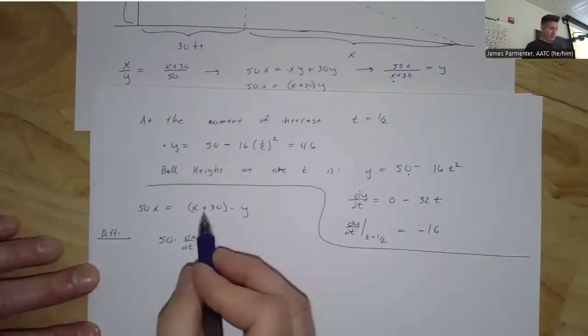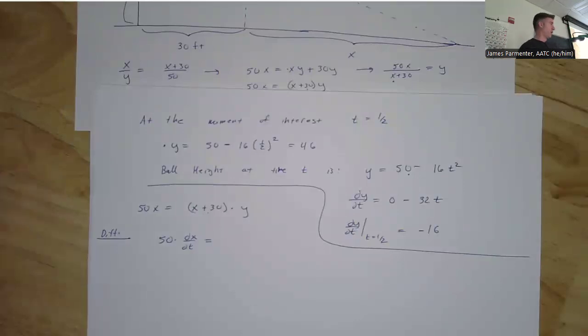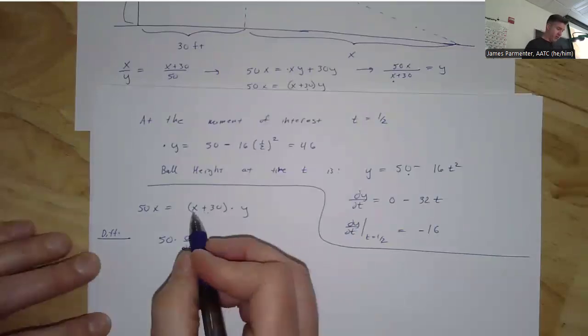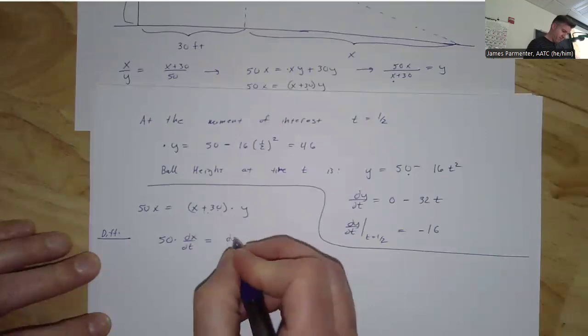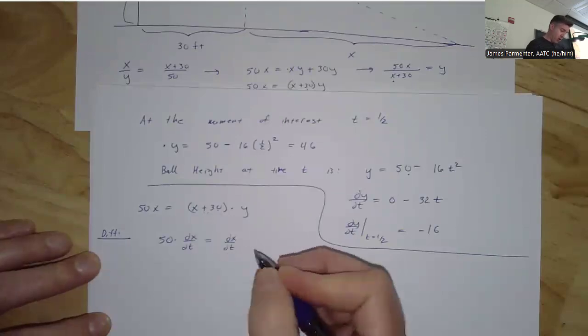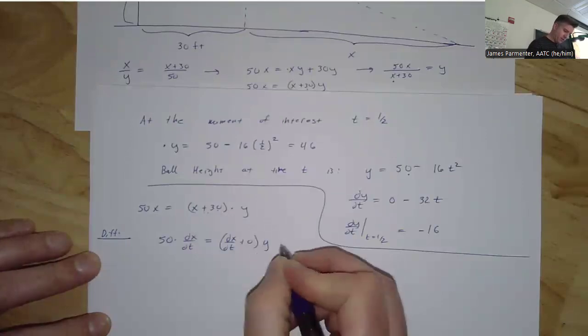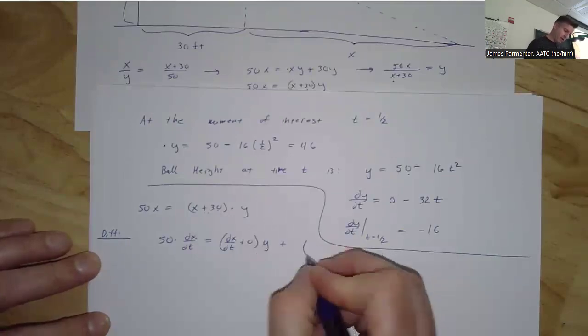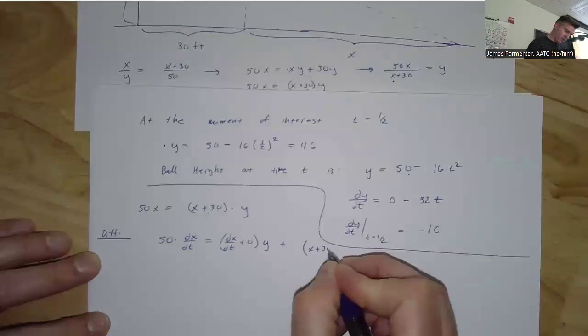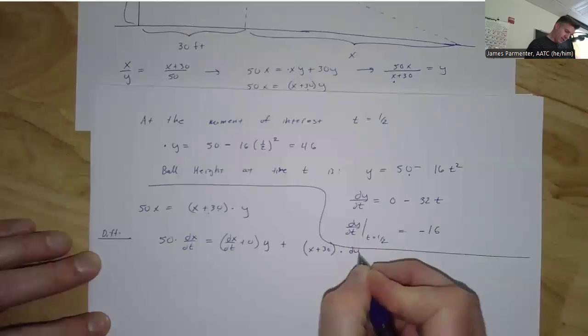For the right side, x plus 30 times y, we are going to have to use the product rule. So it's going to be the derivative of x plus 30, which is dx/dt, times y, plus 0 times the other thing left alone, plus, now we switch it up, we leave the x plus 30 alone and multiply it by dy/dt.